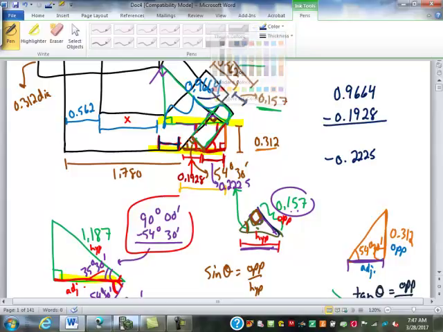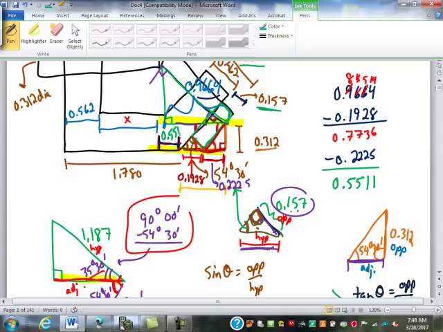So I'm going to do this subtraction first. And then here, I get 0.5511. So this is 0.5511 here.